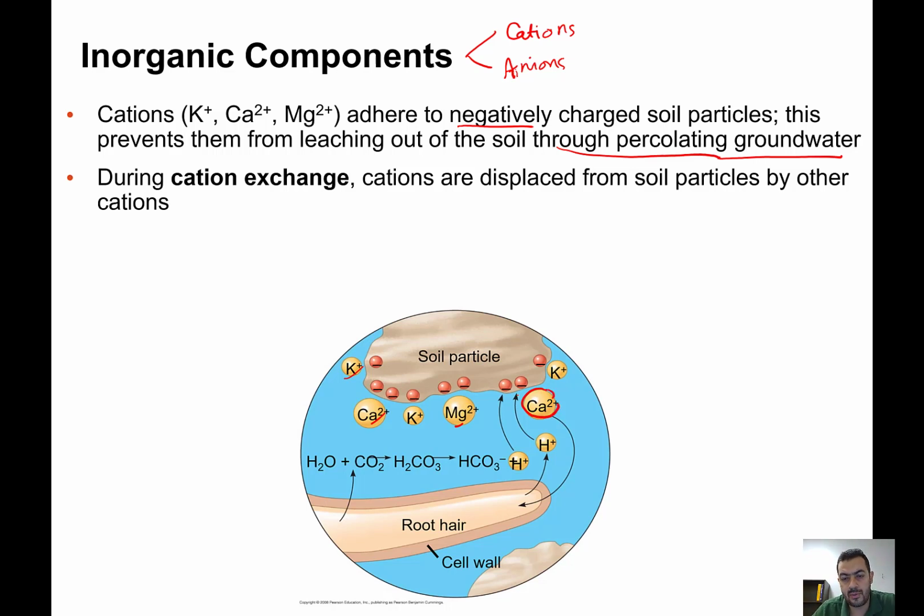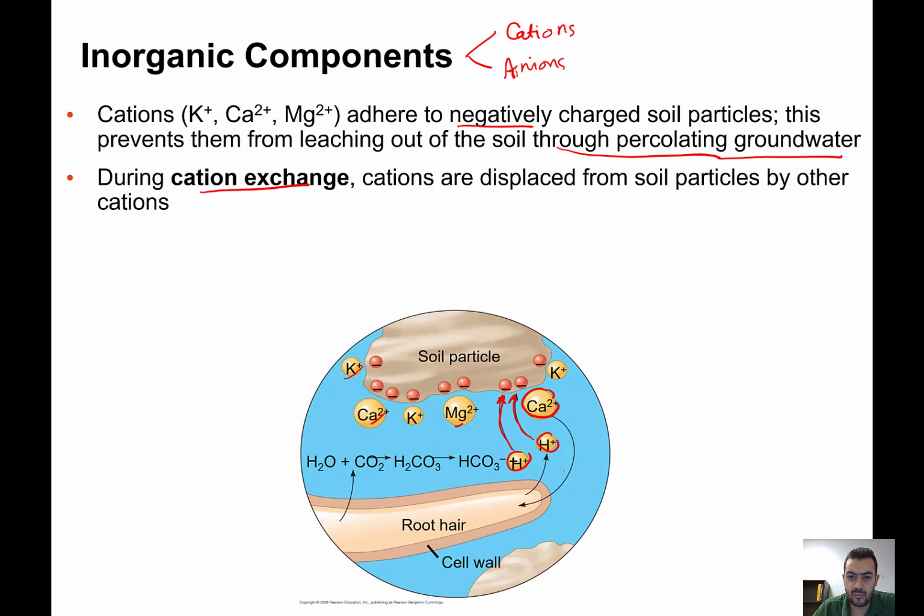What will happen is what we call cation exchange. Two protons will be given to the soil particle in exchange for the calcium ion, and that will maintain the charge. It will not change it.